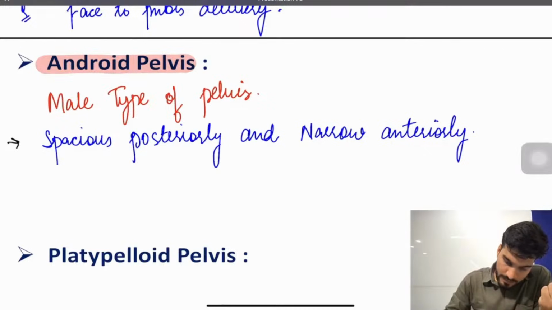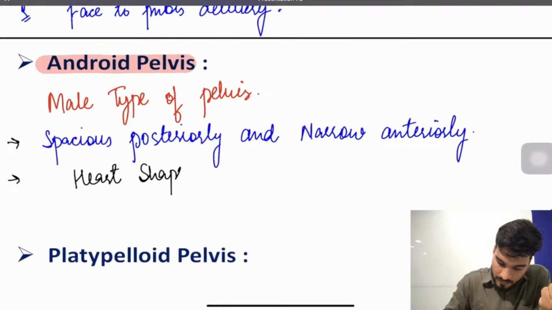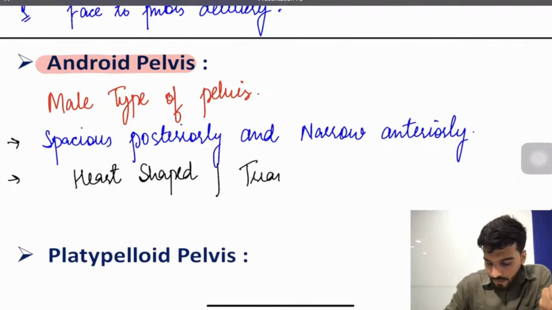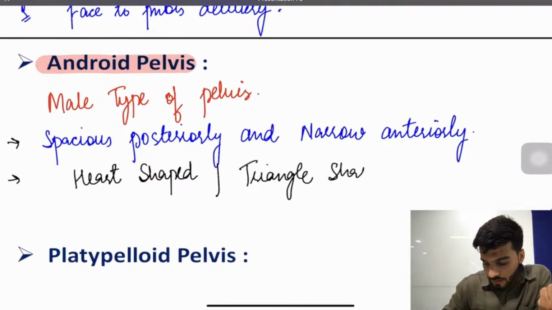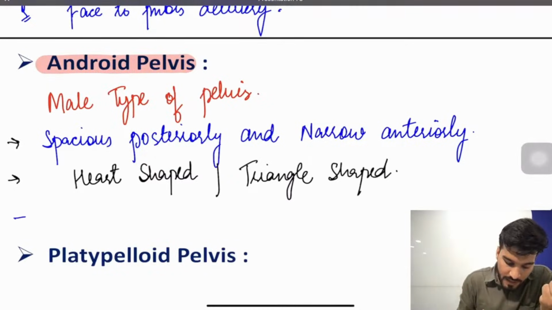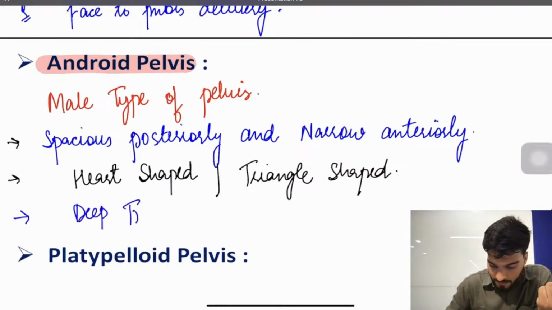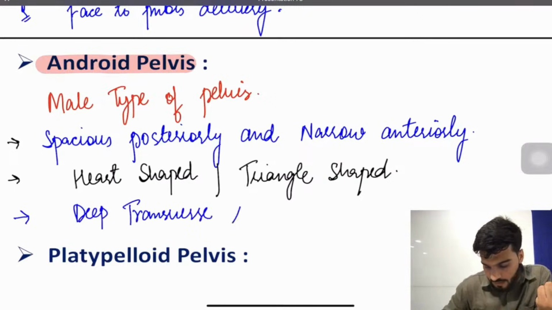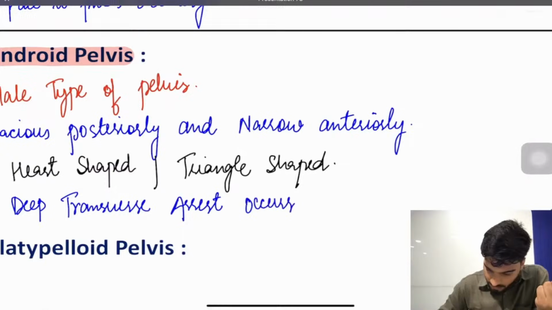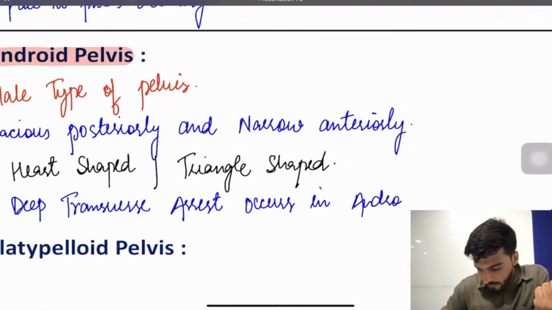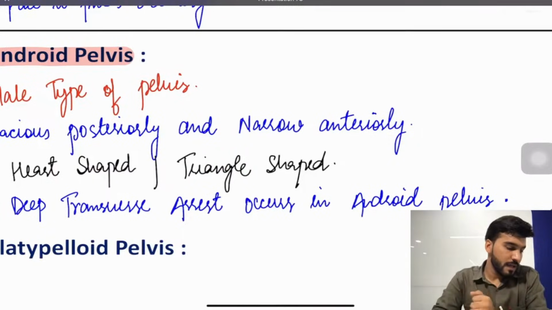Number three, it is heart shaped or triangle shaped. And deep transverse arrest occurs in this type of pelvis. Deep transverse arrest occurs in the android pelvis. Is that clear to everyone?